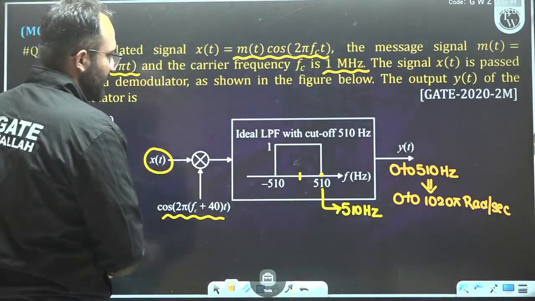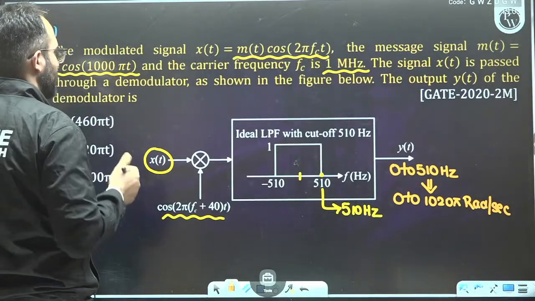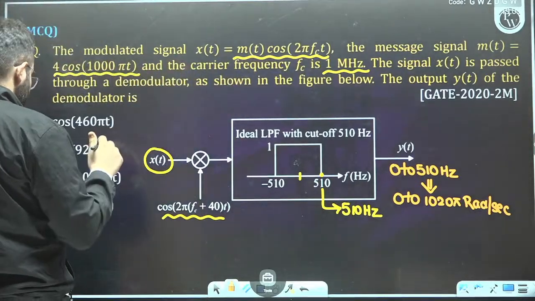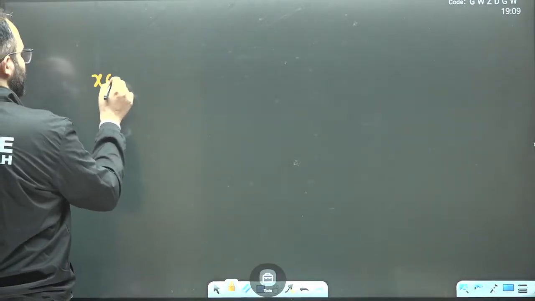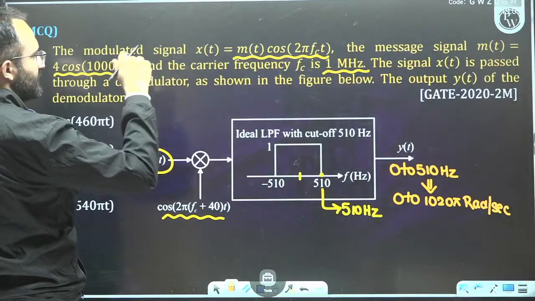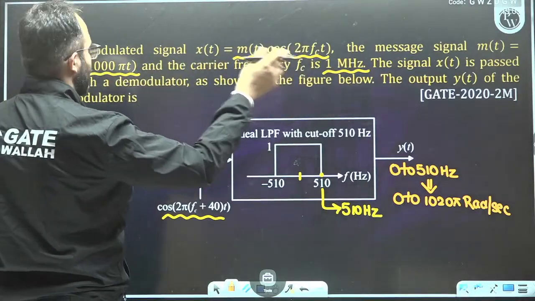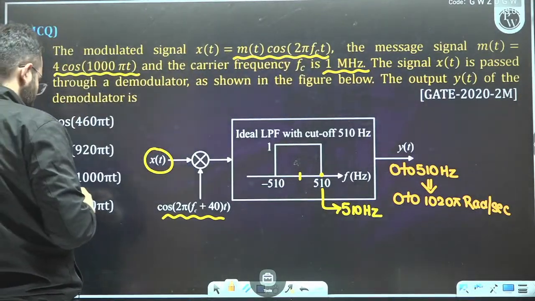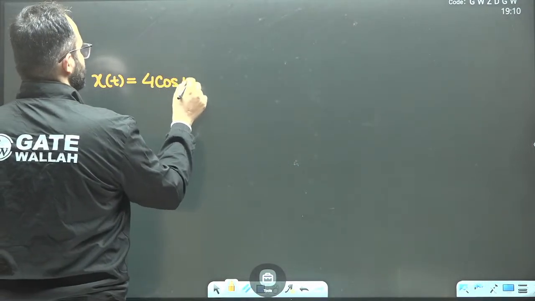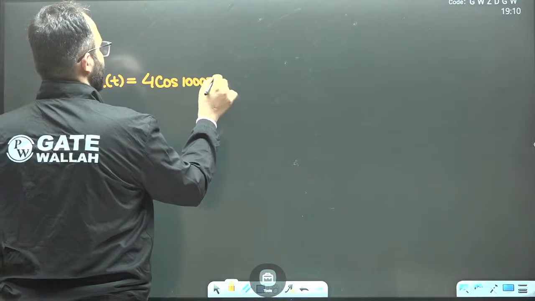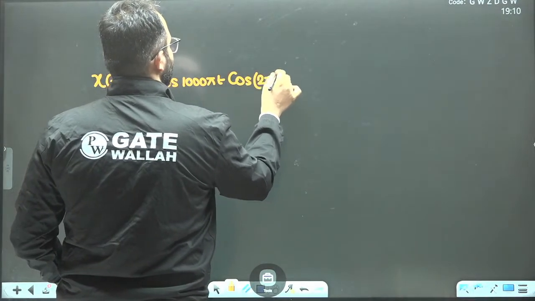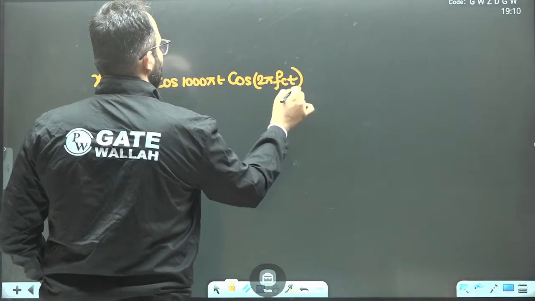Okay, so let's try to solve. The input message is given, so we can see that x(t) will be equal to m(t) multiplied by cos(2π fc t). m(t) is 4 cos(1000πt).